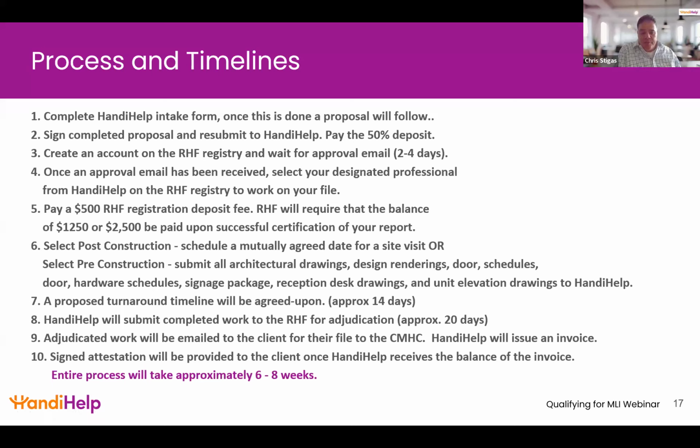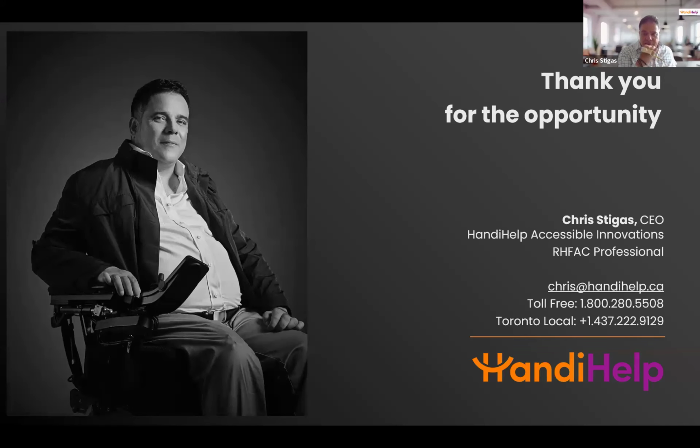There is an adjudication, or we need about 2 weeks to do our work, and then the Rick Hansen Foundation needs about 4 weeks to do their work. I'm not going to go through it line by line, but you can review it here. I'd like to circle back to the visitable and see what questions people have.